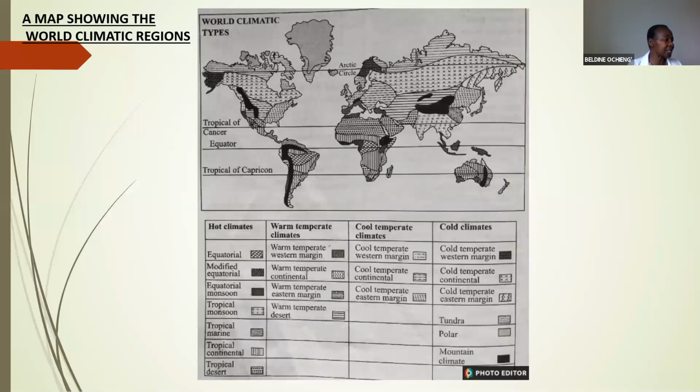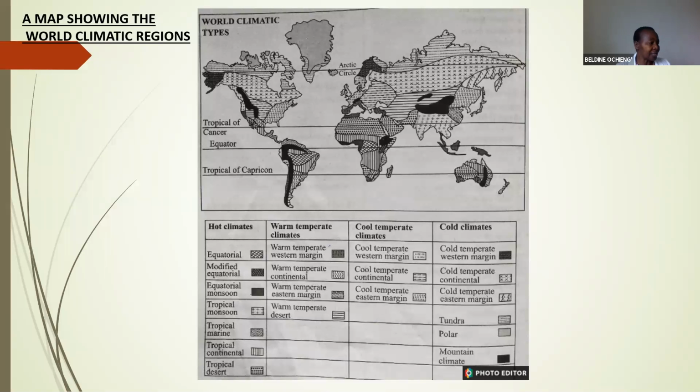Like our hot climates, for example, we have equatorial, we have modified equatorial, we have equatorial monsoon, we have tropical monsoon, we have tropical maritime, we have tropical desert climates, and we have tropical continental.